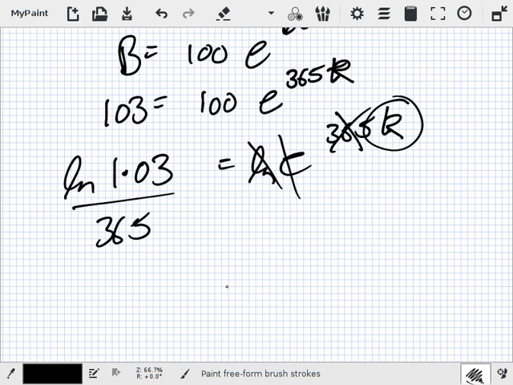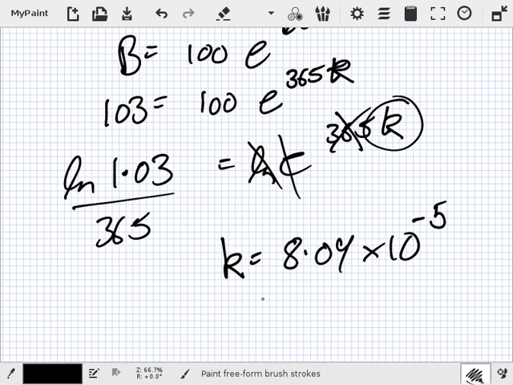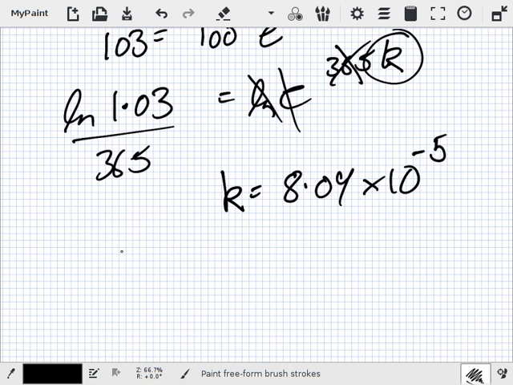Right, what's the K here? 8.09 times 10 to the minus 5. Yeah, okay. So, how much money will you have after a further half a year? So we want to know the bank balance now.